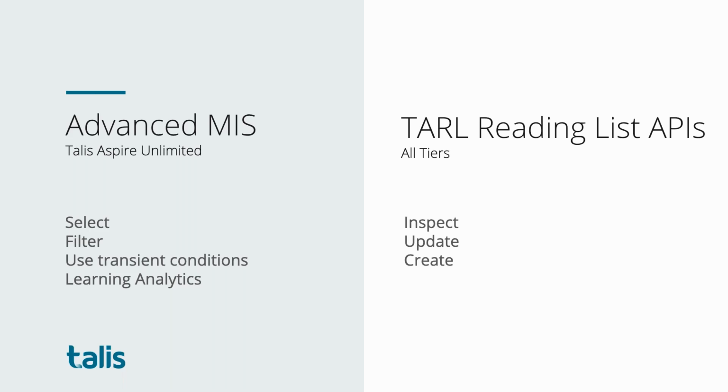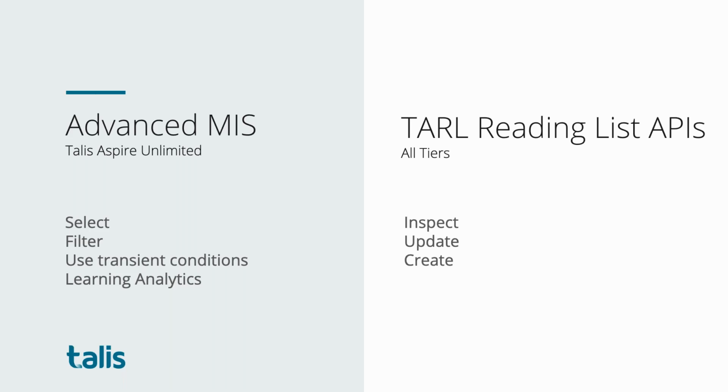But equally, using the Advanced MIS database can be a starting point for actually doing something with the APIs. So if you're looking to identify a group of items on lists that need some sort of intervention for whatever reason, maybe an importance that's missing, or maybe guidelines have changed and you need to move things around, or maybe you want to do something about changing links, which I think is one of the most popular things at the moment, changing links to ebooks and things like that.